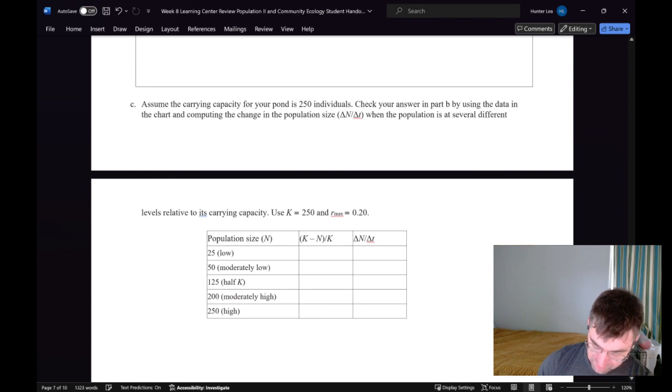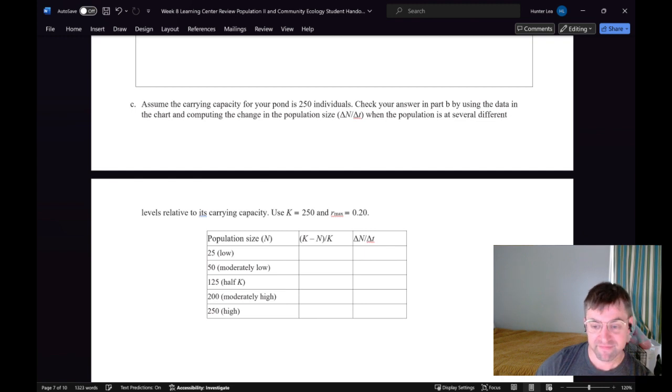Assume the carrying capacity for your pond is 250 individuals. Check your answers in part B by using data in the chart and computing the changes in the population size, delta n over delta t, when the population is at several different levels relative to its carrying capacity. Use k equals 250 and r max equals 0.2.